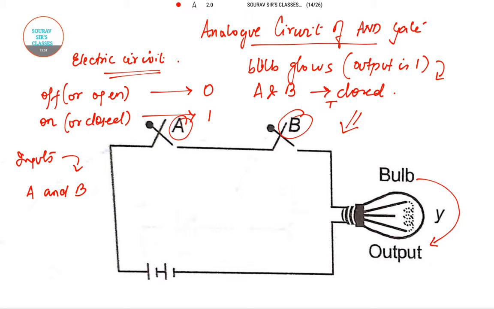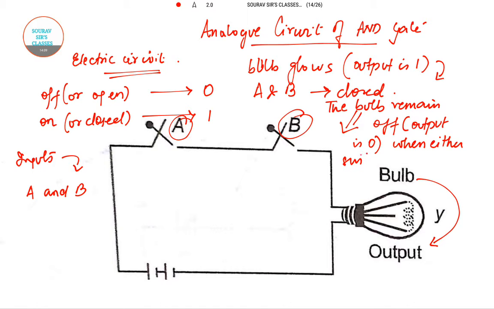Otherwise the bulb will remain off, that is, output is 0 when either switch A or B, or both, are open.